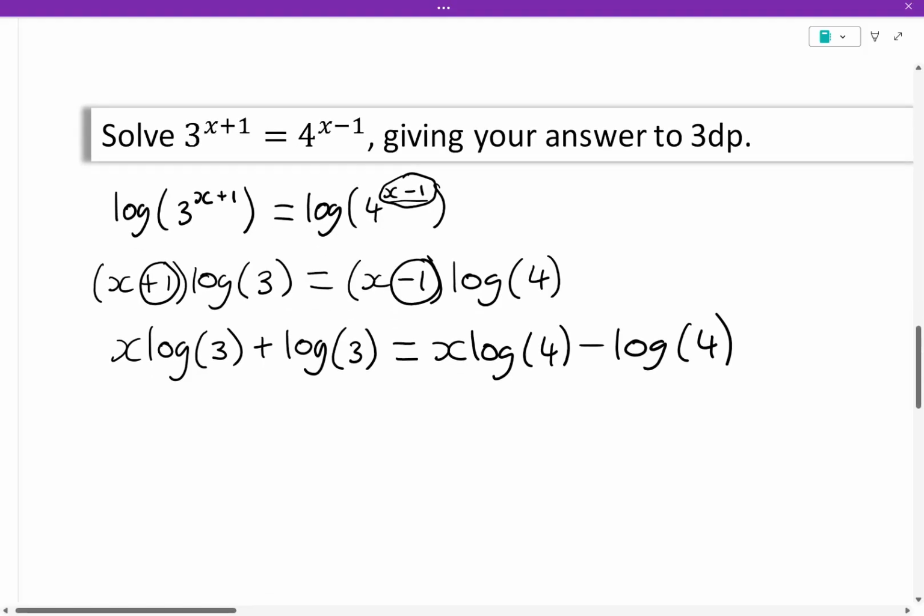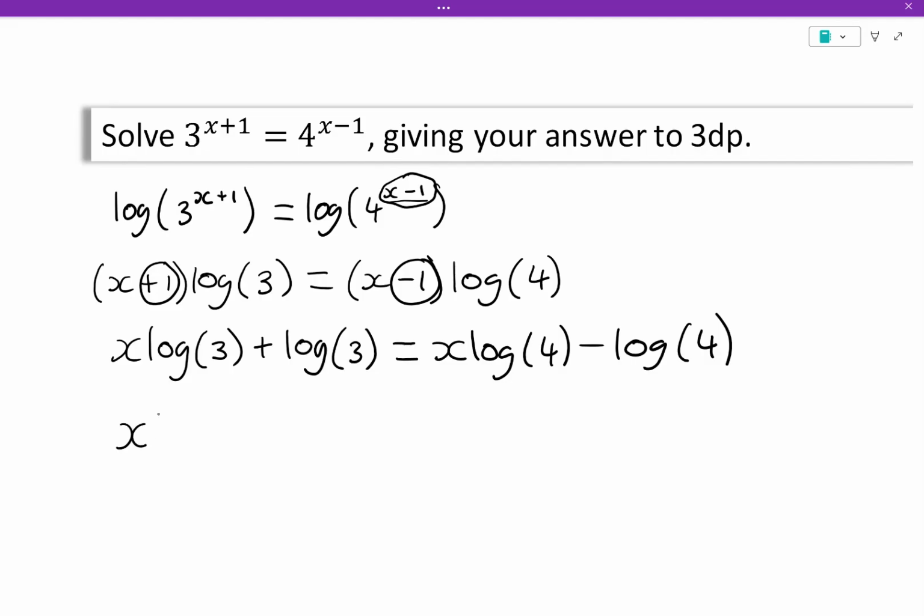Currently I see x appearing twice in the equation. Now if you want to make x the subject, you need to get all of the terms involving x to one side. So let's move it all to the left-hand side. So we've got the x log 3 on this side. I'm going to leave that as it is. Now the x log 4 on the other side, I need to get that to the left-hand side. So I'm going to subtract that over.